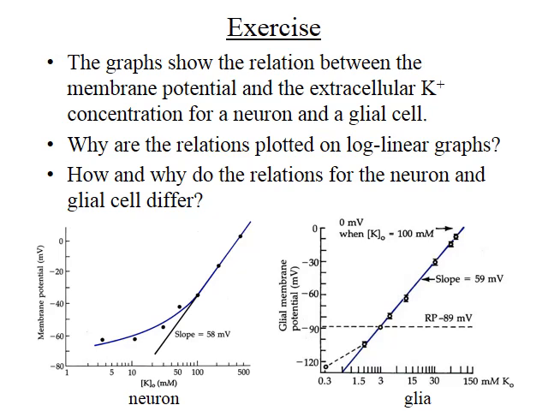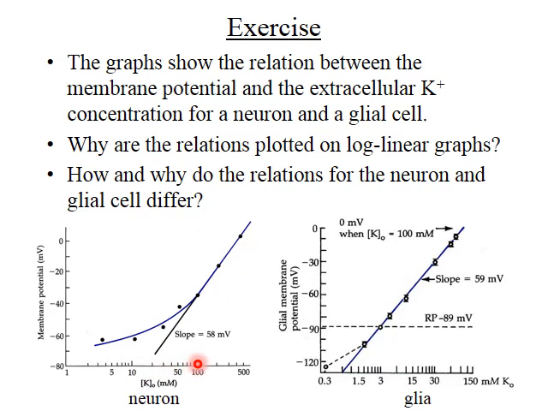So this is shown in the graph on the left, where the membrane potential of a neuron is plotted as the extracellular potassium concentration is varied from a control level, a normal level of about 3 millimolar, up to 100 millimolar or even more.